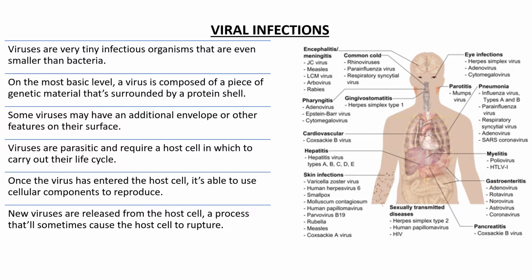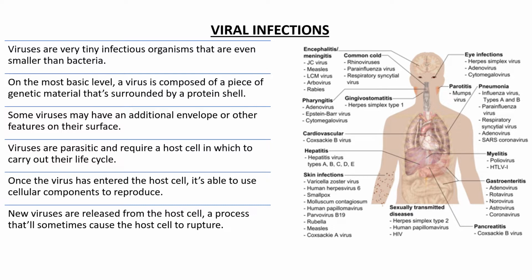These viruses are basically parasitic in nature and they require a host cell to continue with their life cycle. Once this virus enters the host cell, it will take over the host cell's replicatory mechanism to be able to produce its progeny.